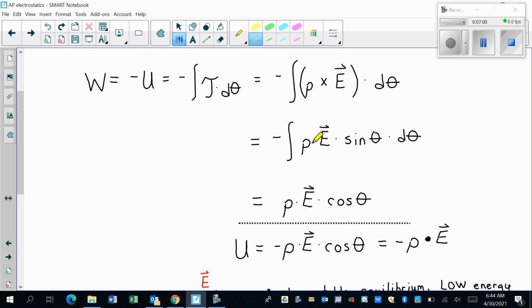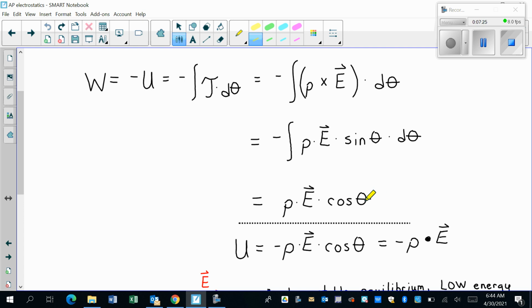This dipole moment in this electric field, they are both constants because this is Q times D, both constants, constant electric field. So we bring these out. We are taking the integral of sine, which is negative cosine. So this negative and the negative I'm going to get from doing an integration cancel, and I'm left with P E cosine theta.